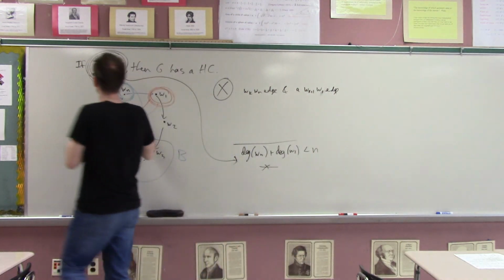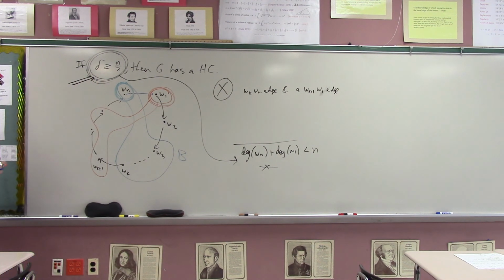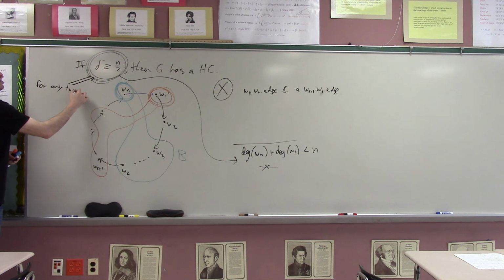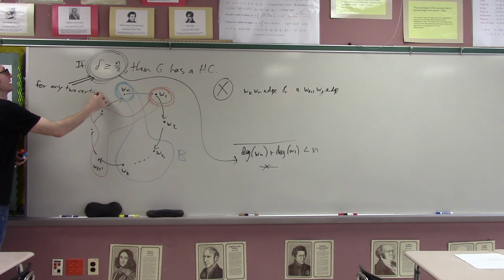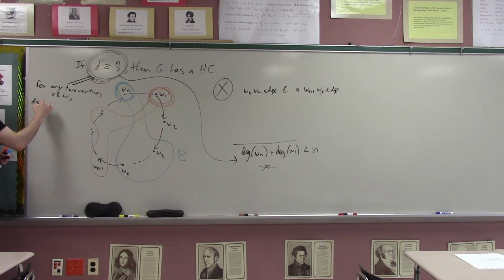It's the exact same theorem, but I replace this assumption that delta is greater than or equal to n over 2 with a strictly weaker assumption: that for any two vertices, V and W, the degree of V plus the degree of W is greater than or equal to n.